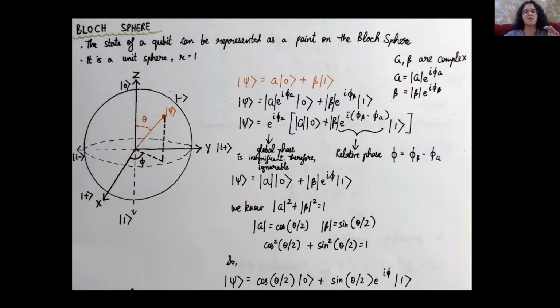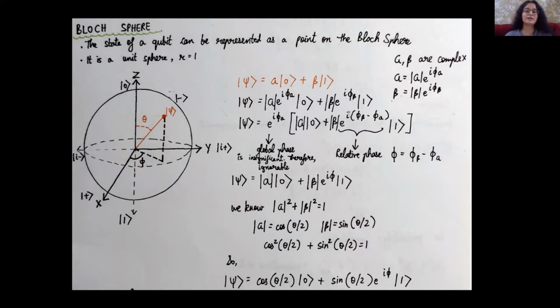When we stop the coin, it will either be heads or tails. Similarly, when we measure this qubit, it will collapse into ket 0 or ket 1. But while we haven't measured it, it's in a linear combination of both of them. It's in superposition.